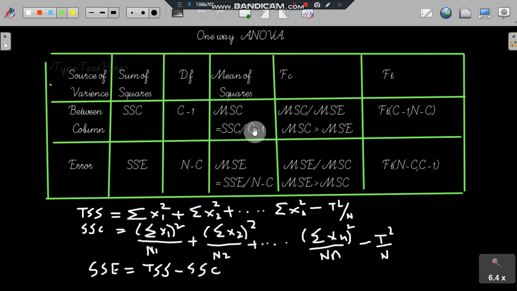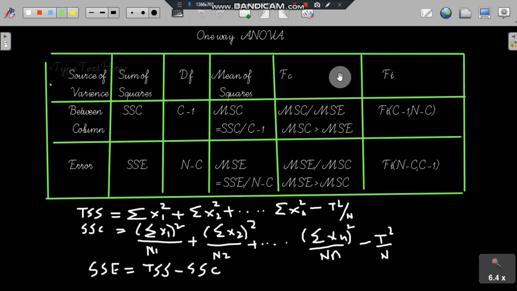Now the next one is MSE, mean square error. Mean square error is nothing but the sum of square error divided by its degrees of freedom.